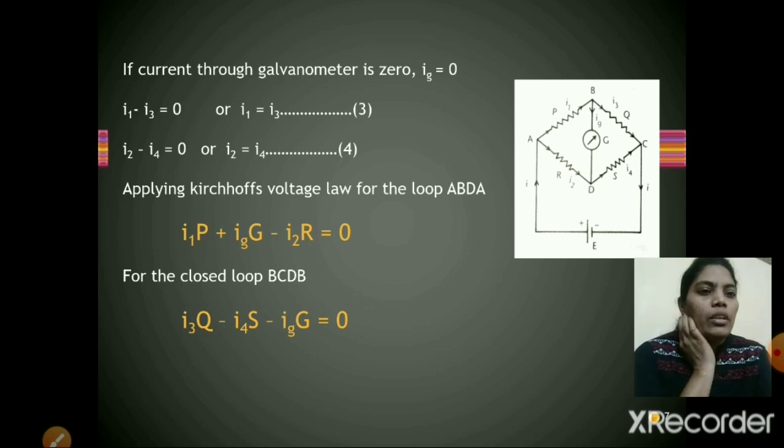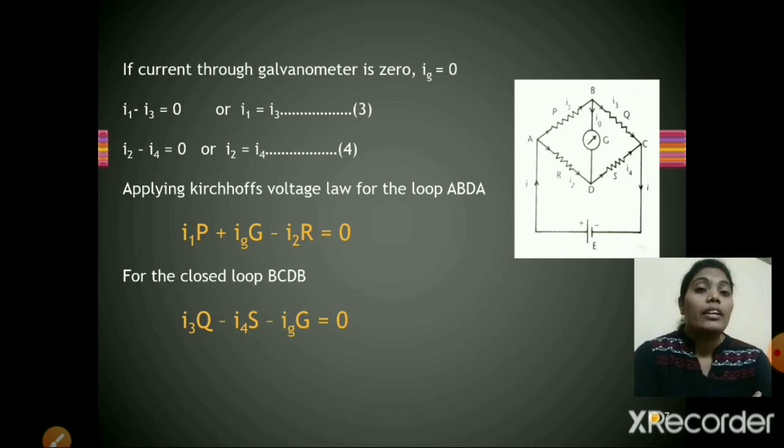By using this sign convention, we got the equation I1 into P plus IG into G minus I2 into R equals 0 for loop ABDA. And for loop BCDB, I3Q minus I4S minus IGG equals 0.